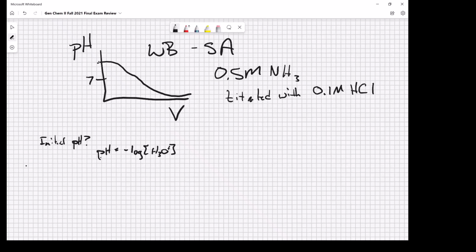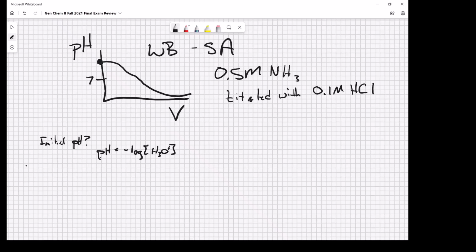We're starting out with base and not acid, right? We're starting out with pH greater than 7. So if we were starting with the HCl, then our pH would be 1 because it would be negative log of 0.1. But we're starting with the base, and so we need to calculate from the base what is our concentration of H3O plus. In order to do that, we need an ice table.